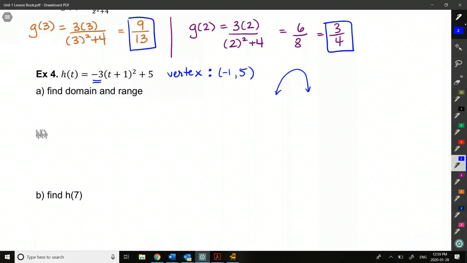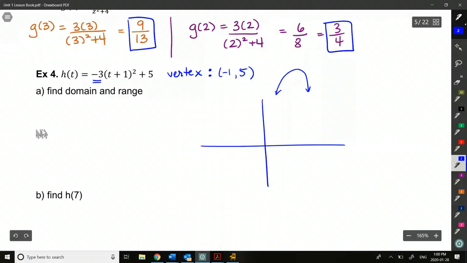So if I go to actually graph this, because that's really the only way that I can accurately see what the domain and range are, I want to graph this guy. I'm going to plot the vertex at -1, 5. Now I'm just doing a really basic sketch here. We don't need tons of information. And I want to draw it opening down because of that -3. So I'm just going to do this.